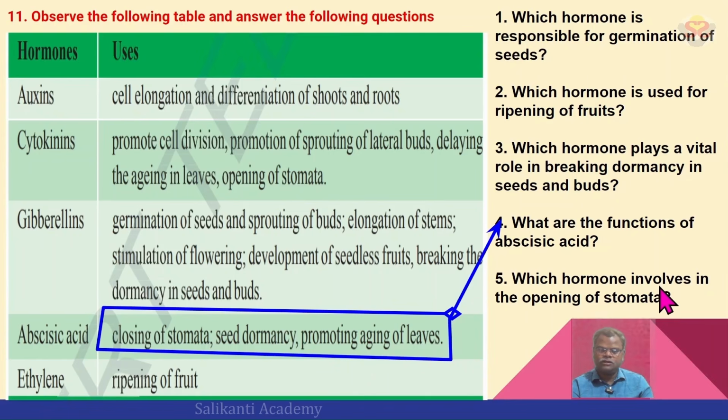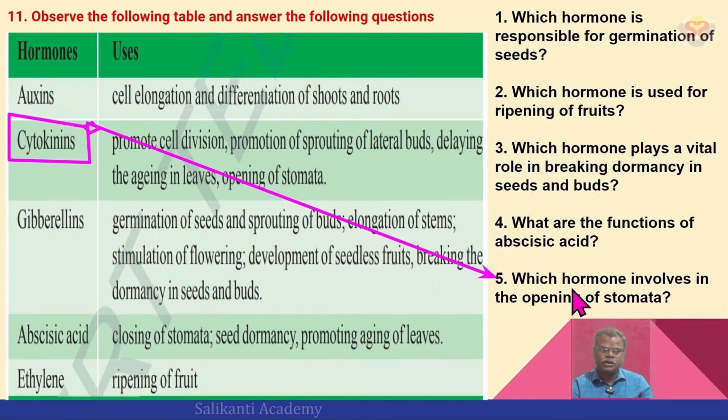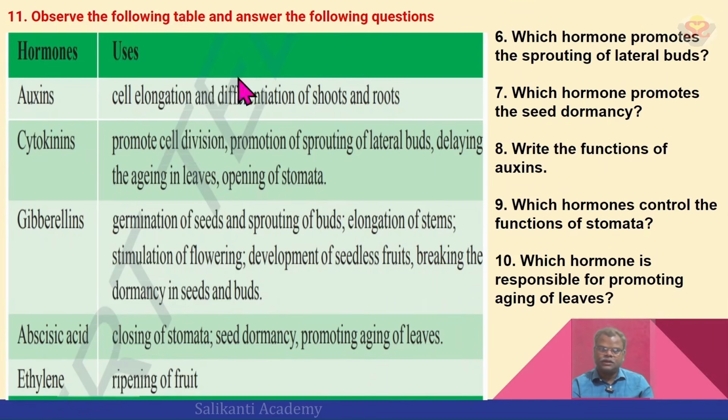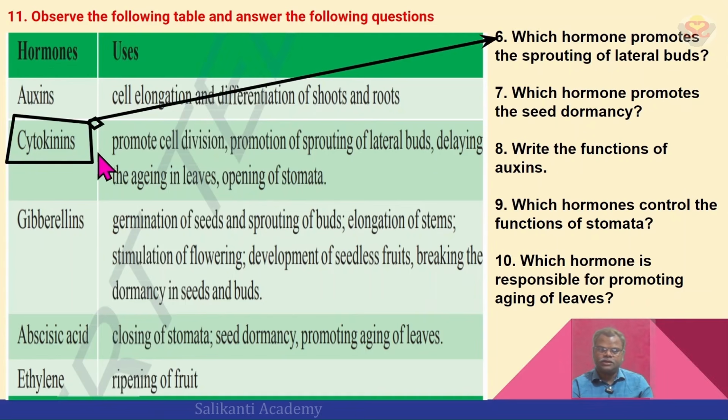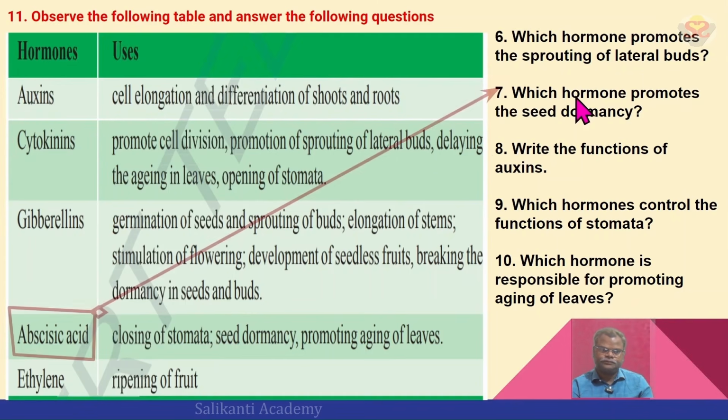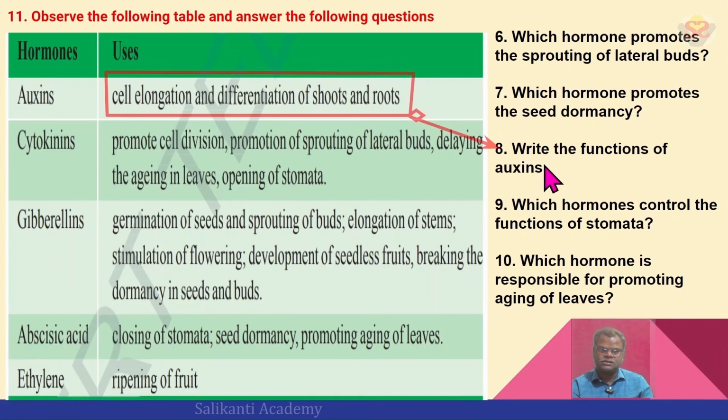Which hormone is involved in the opening of stomata? Cytokinins. Which hormone promotes the sprouting of lateral buds? Cytokinins. Which hormone promotes the seed dormancy? Abscisic acid. Write the functions of auxins.